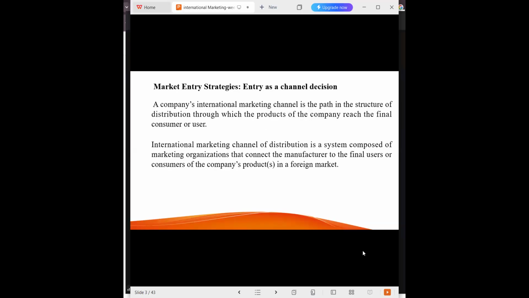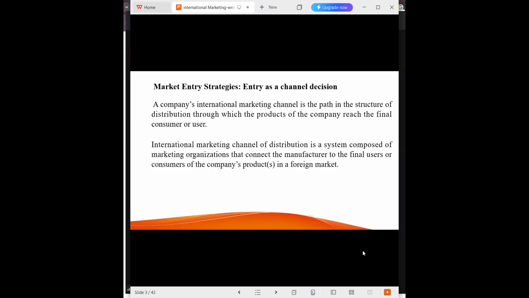And when you want to look at market entry strategies or decide on a strategy to use, one of the most important aspects is entry as a channel decision. So the channel decision, as I mentioned, the distribution channel, is a very important strategy that one has to consider.